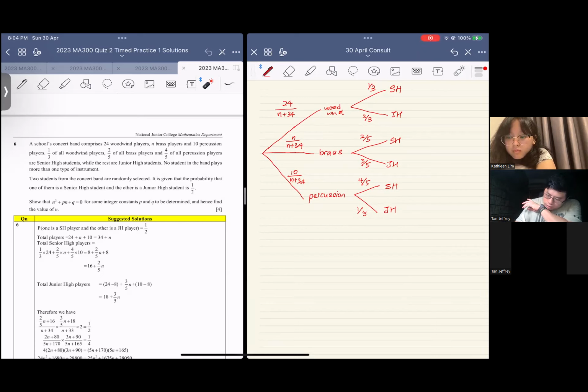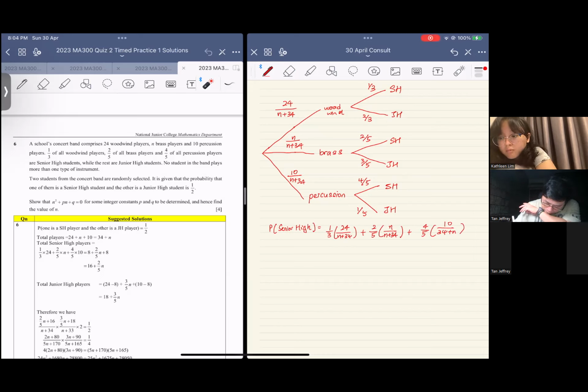I'm not following the solution, but if I want to choose the probability of selecting a senior high student, this would be 1/3 of 24 over n plus 34, plus 2 over 5 senior high brass, plus 4 over 5 senior high percussion, over 34 plus n.